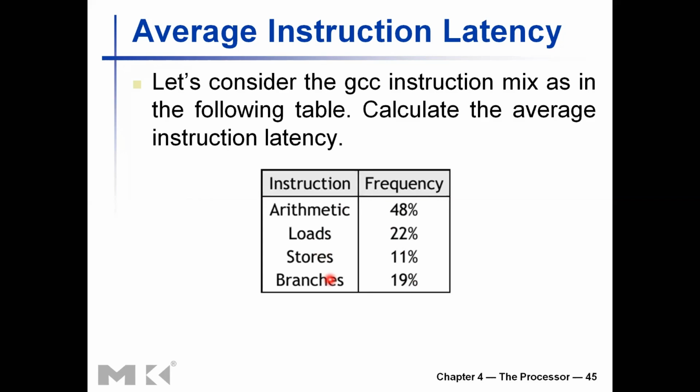If that is the case, then we have set our clock period based on load, which is the slowest instruction, which takes 7 nanoseconds. Arithmetic and stores take 5, branches also take 5, but some branches like jumps take 2 nanoseconds.